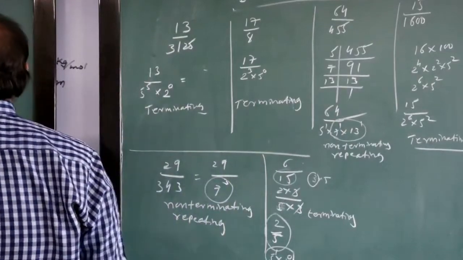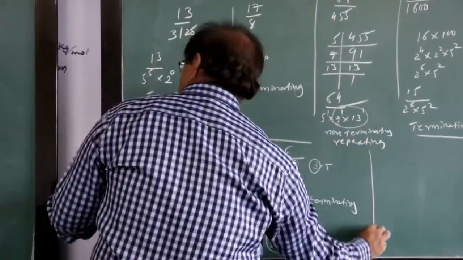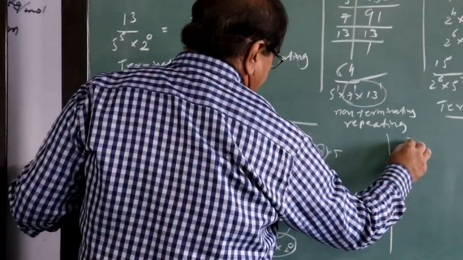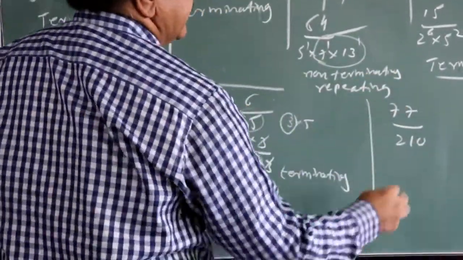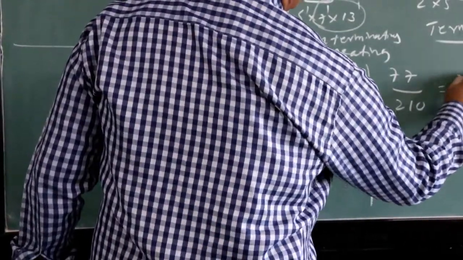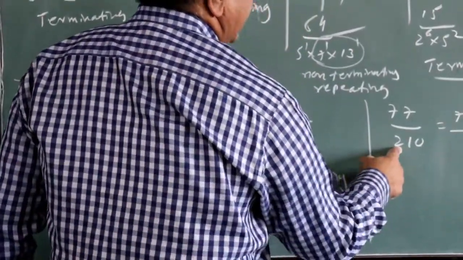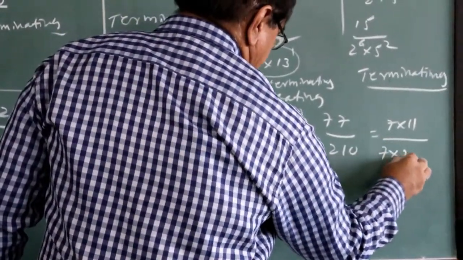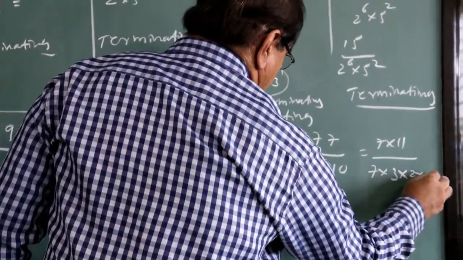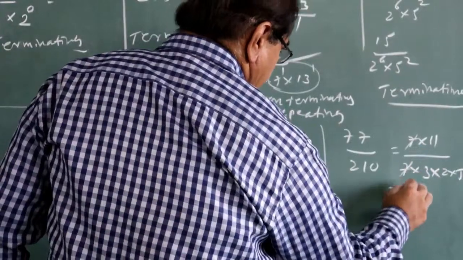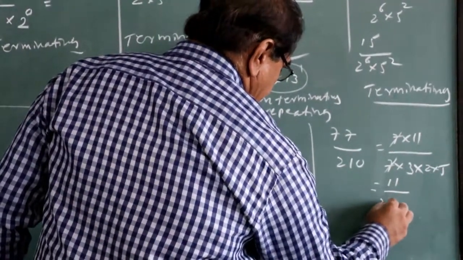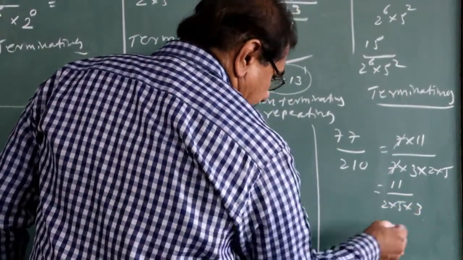And finally, the last one I take is 77 upon 210. 77 is 7 11s and 210 means 7 3s are 21 into 10 means 2 5s. Okay? The 7s cancel. So 11 upon 2 into 5 into 3.